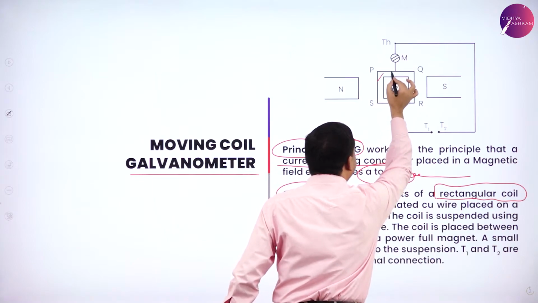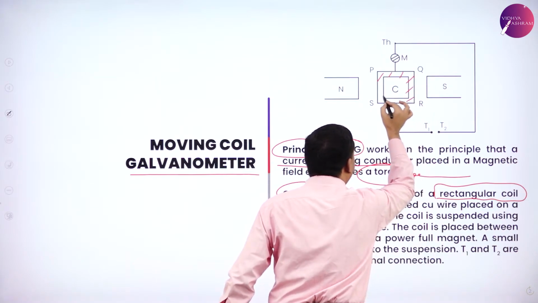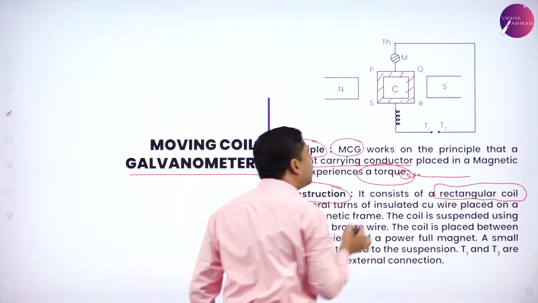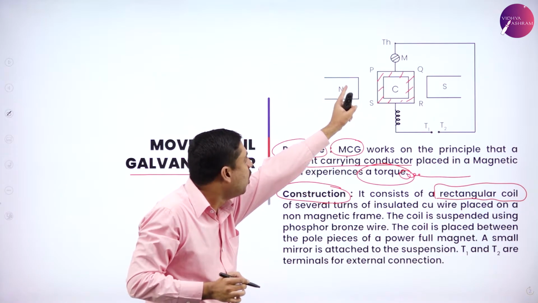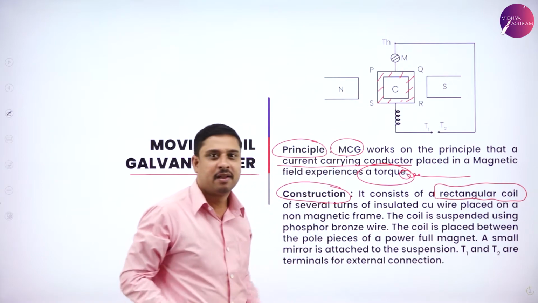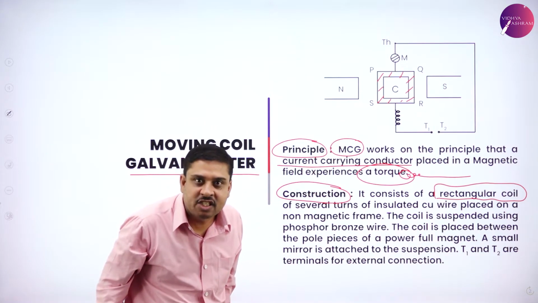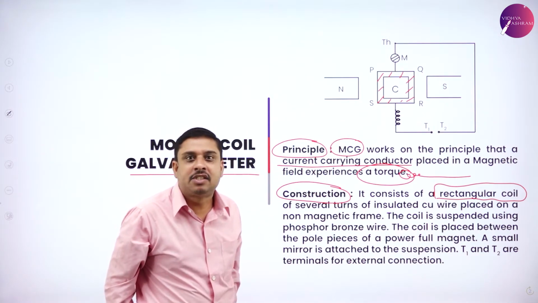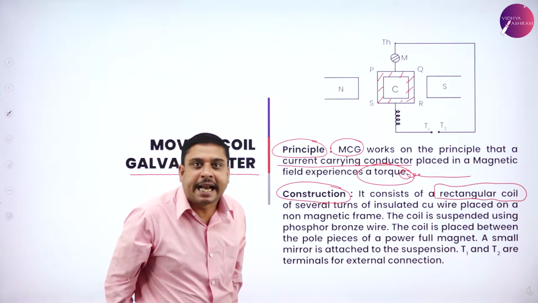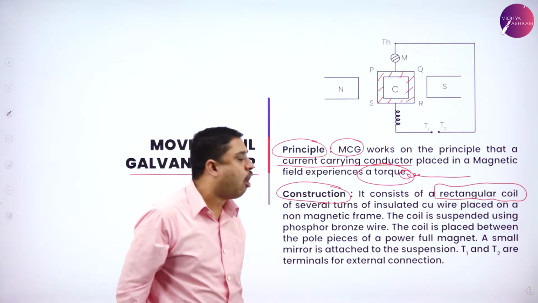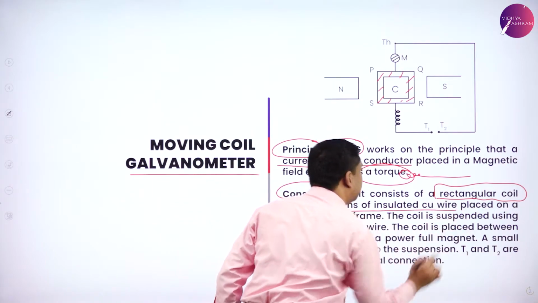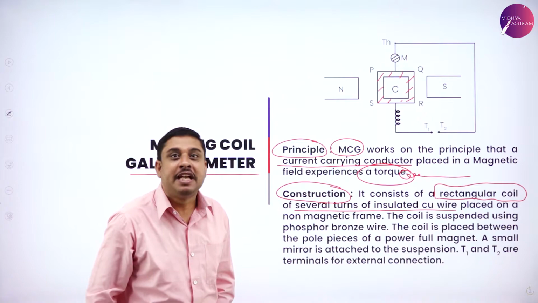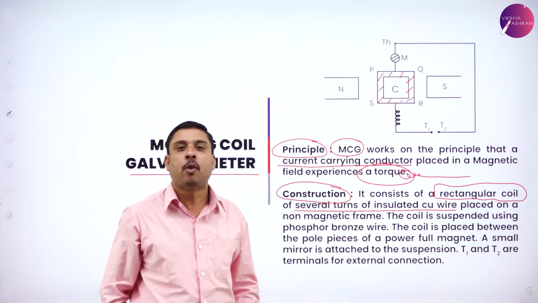So this is the rectangular coil I am talking about, P, Q, R, S. An MCG consists of a rectangular coil of several turns of insulated copper wire.